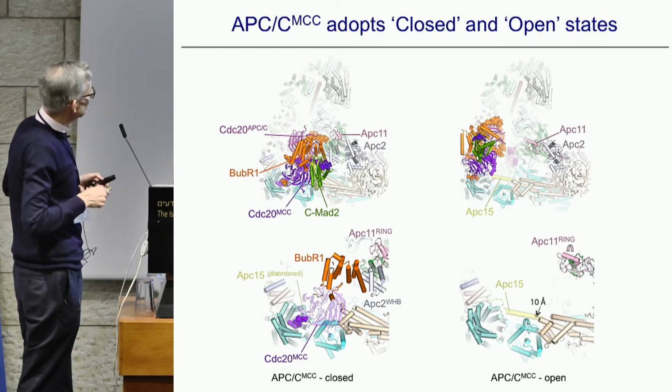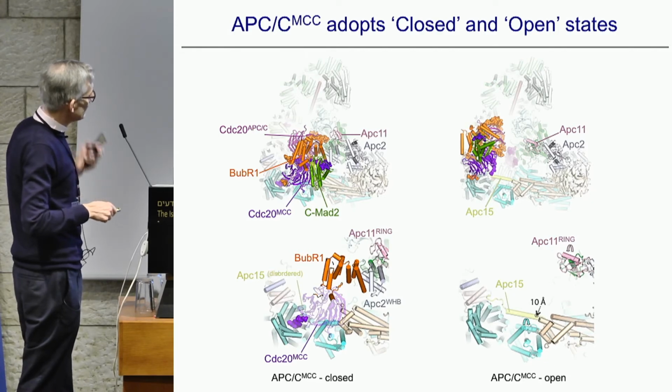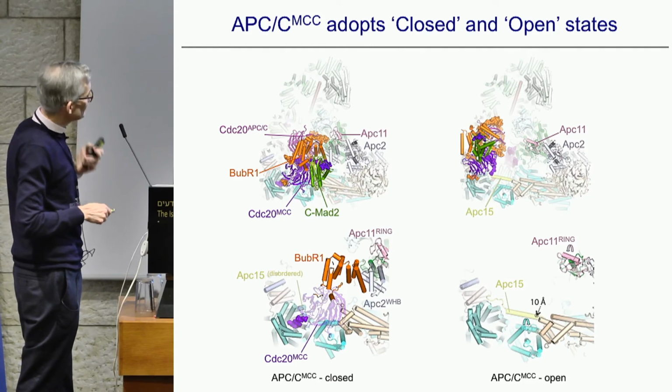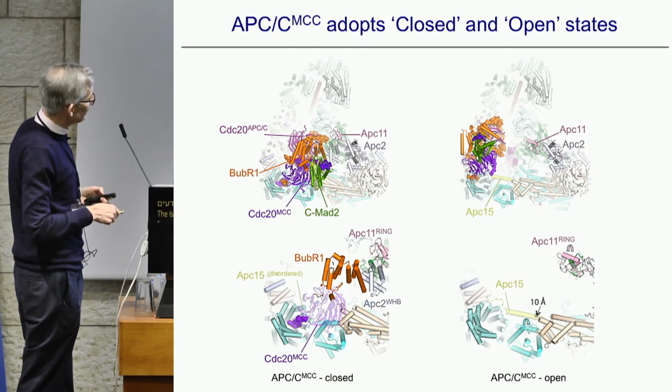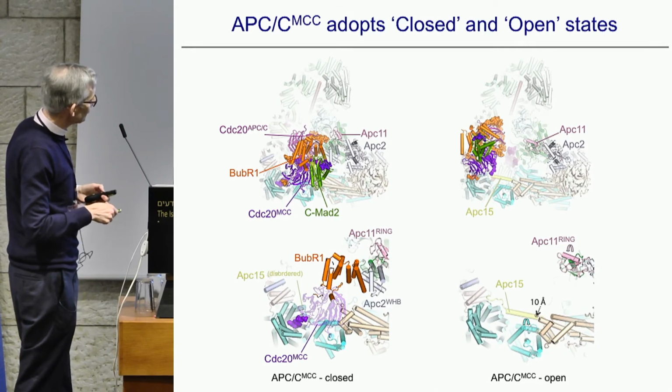And this transition between the closed state to open state is accompanied by an order to disorder transition of this APC15 subunit. So in the open state, APC15 forms an ordered helix, but in the closed state, this helix becomes disordered.